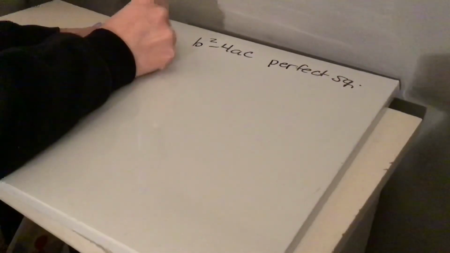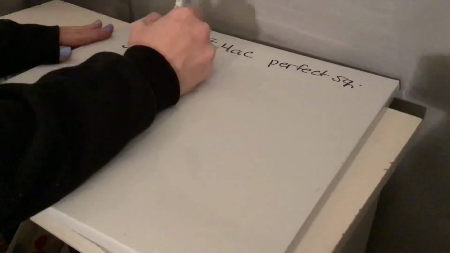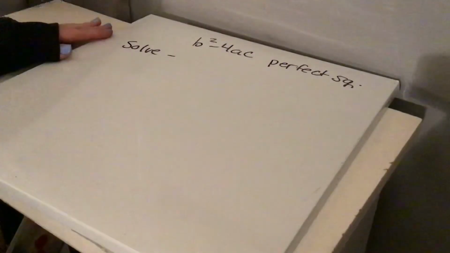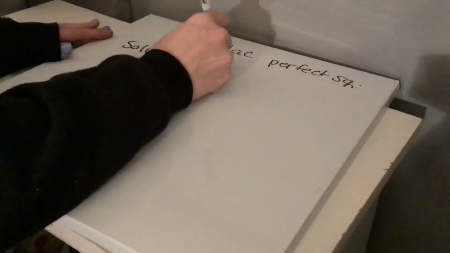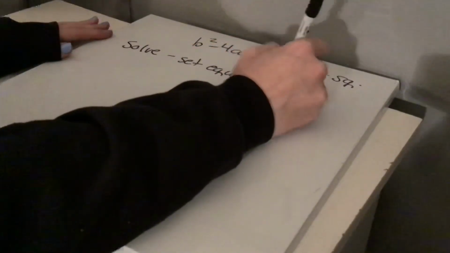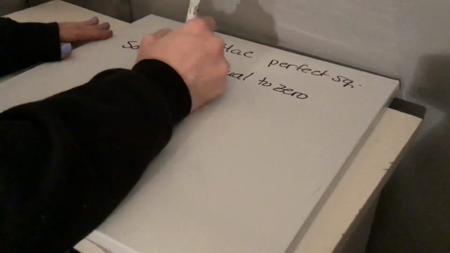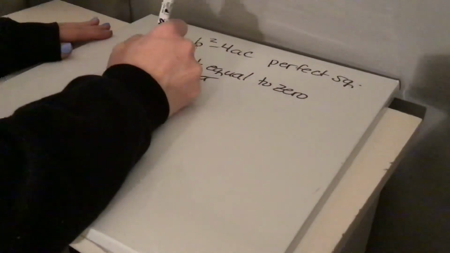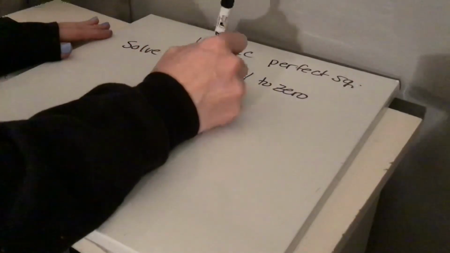So to solve by factoring, the first thing you do is you set it equal to 0. So put everything on one side. Then you factor. Then you use the zero product property.